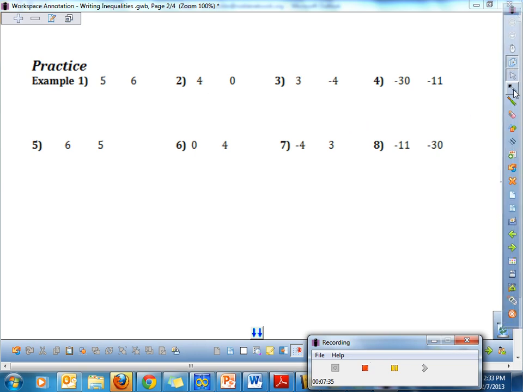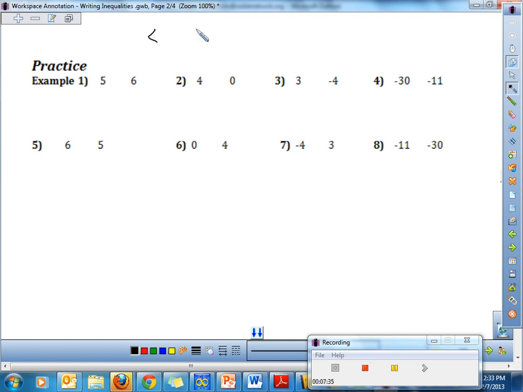Let's say we have 5 and 6. So I need to figure out, do I want to put a less than, a greater than, a less than or equal to, or a greater than or equal to? Well, 5 is less than 6, so I'm going to put a less than symbol. Is 4 going to be less than or greater than 0? 4 is greater than 0. So go ahead and try to do these on your own, and then when you're ready, press play and you will see the answers.